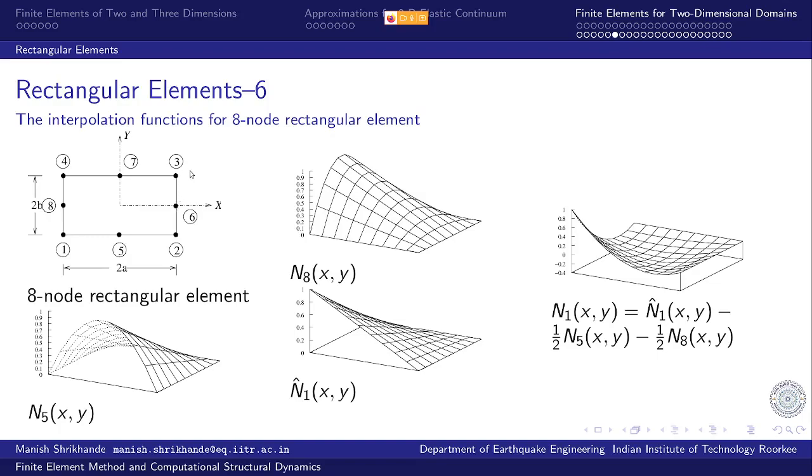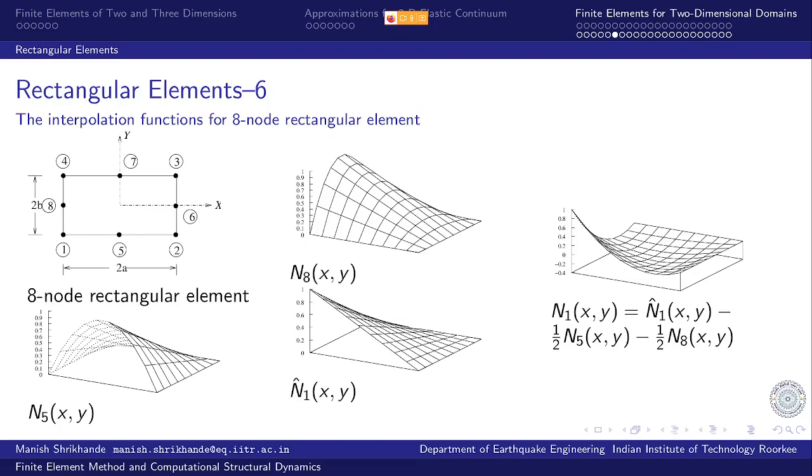Similarly, n3 can be obtained as n hat 3 minus half of n7 minus half of n6, and n4 can be written as n hat 4 minus half of n7 minus half of n8, and that would complete the description.